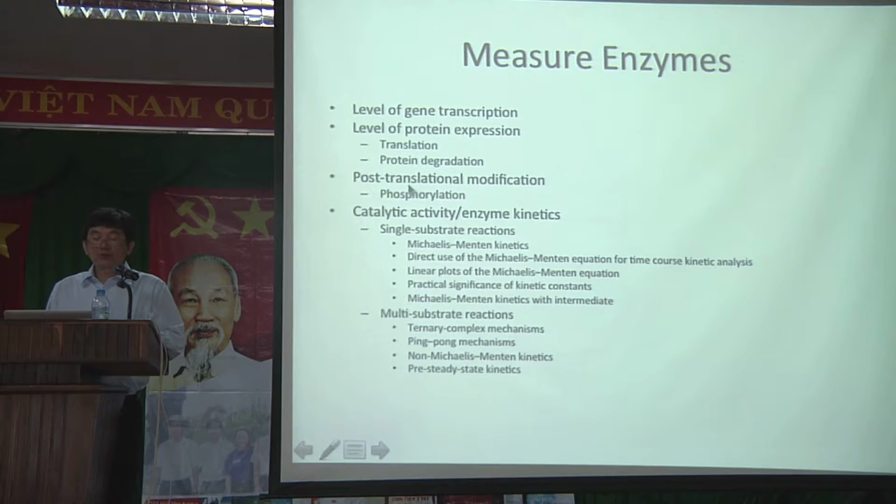You can measure the post-translational modification of the protein. Very often, phosphorylation is a very common post-translational modification. And very importantly, the activity of the enzyme can be measured by looking at the metabolites, the substrates and the reaction products.